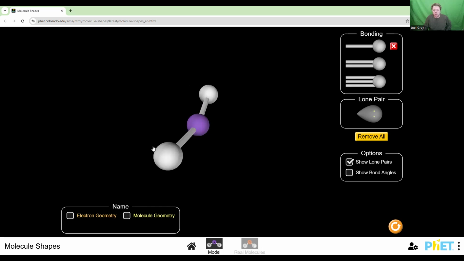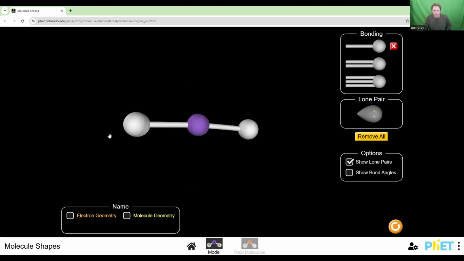What I want to show you is, let's just imagine this atom where I've drawn an X and this atom where I've drawn a Y. That's supposed to be a Y. It's kind of good. It's all right.